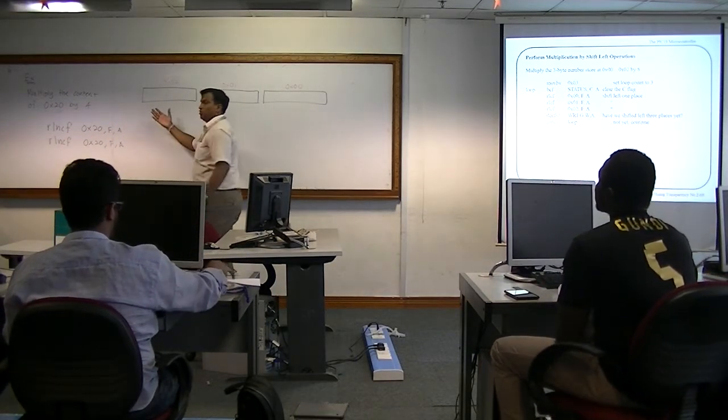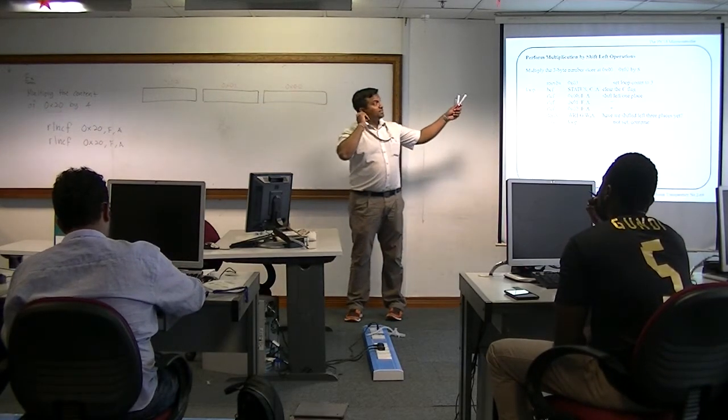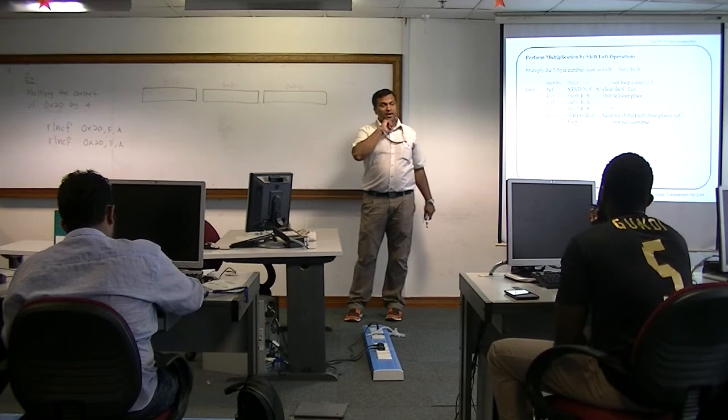So now the value is no longer 1 byte, it is a 3-byte value, and you want to multiply the 3-byte value by 8.